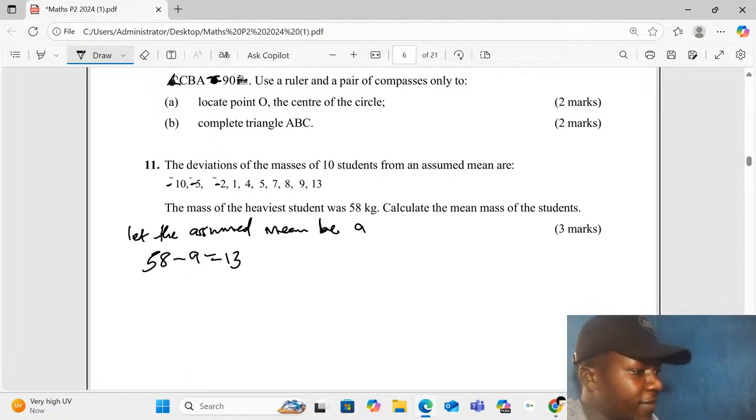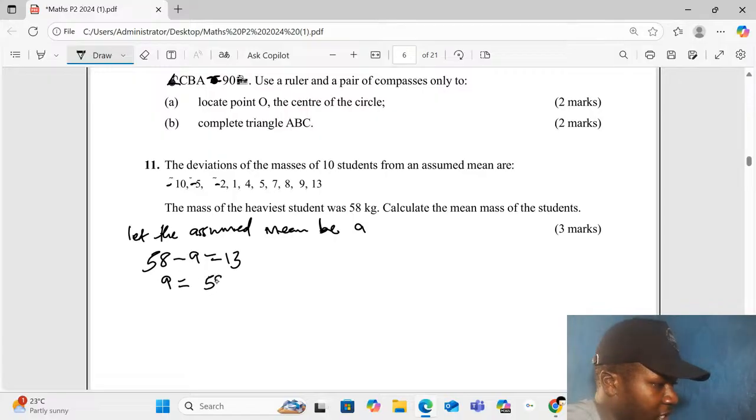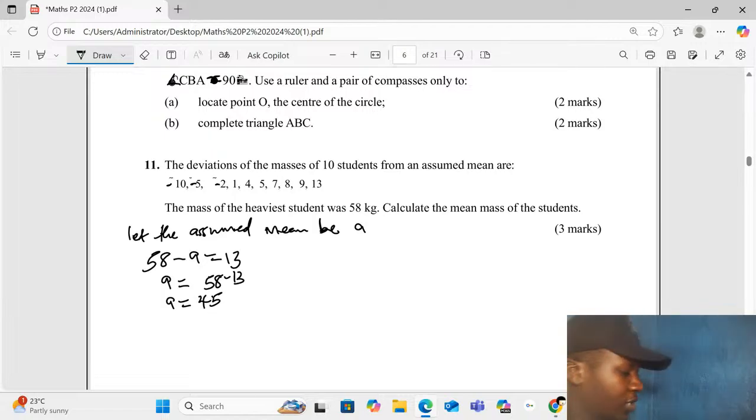That was the heaviest student. So 58, the mass of the heaviest, minus A will give us 13. So we find the assumed mean: it will be equal to 58 minus 13. So our assumed mean becomes 45 kilograms.